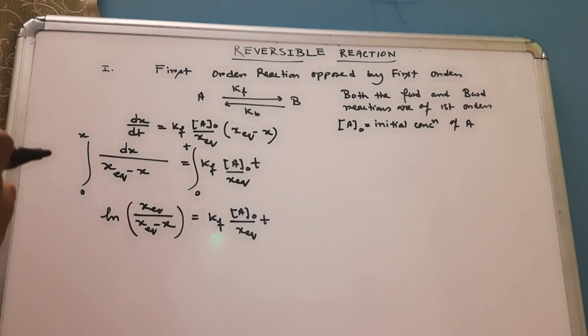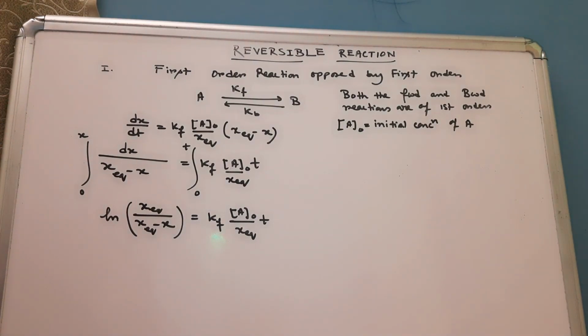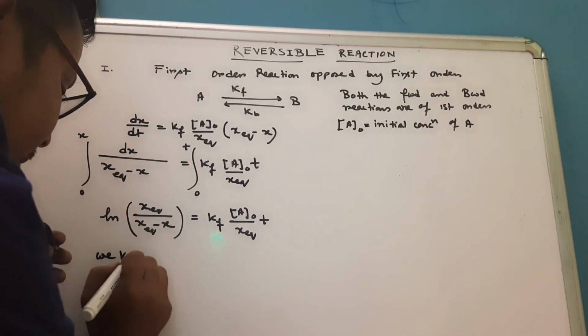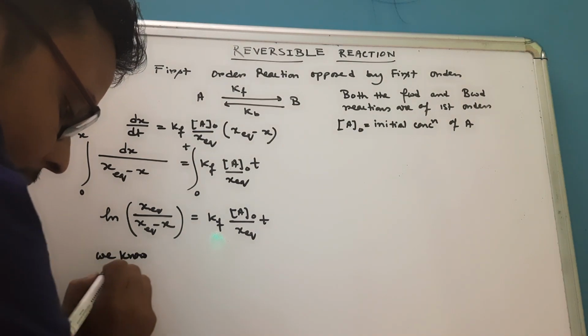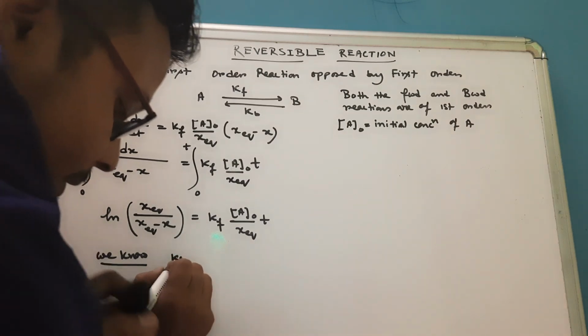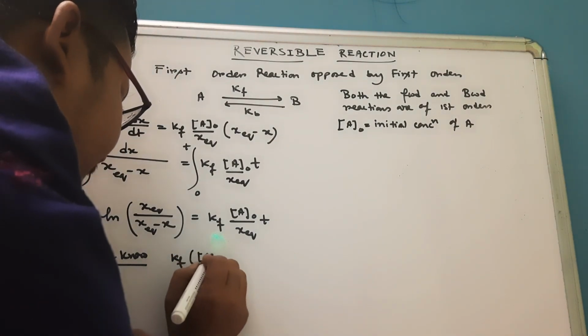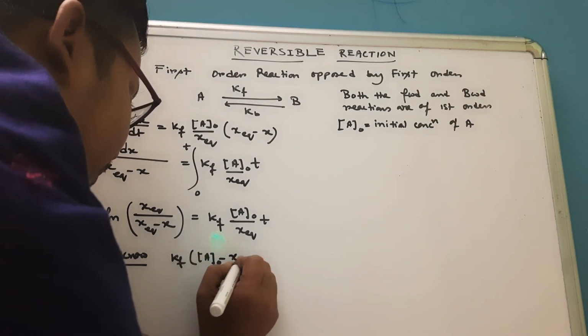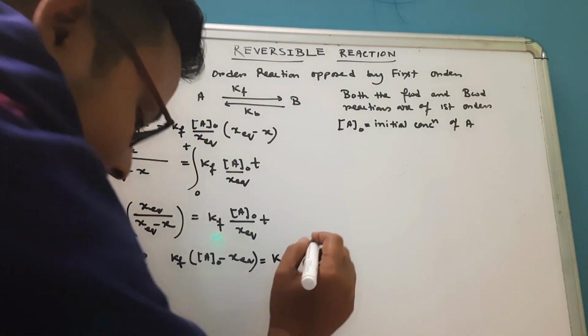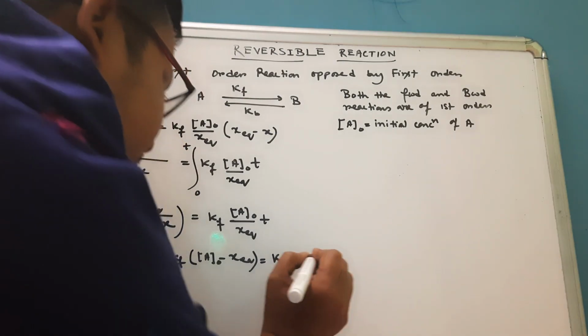Okay, so alternatively, we know that at equilibrium, Kf into A0 minus x equilibrium equals Kb into x equilibrium.